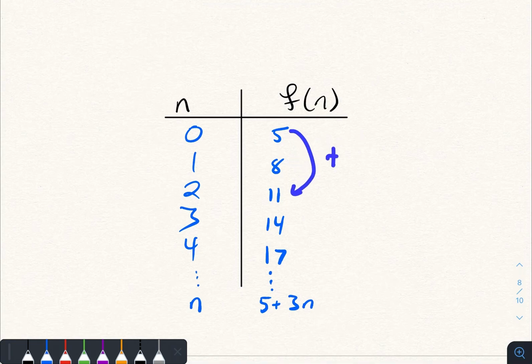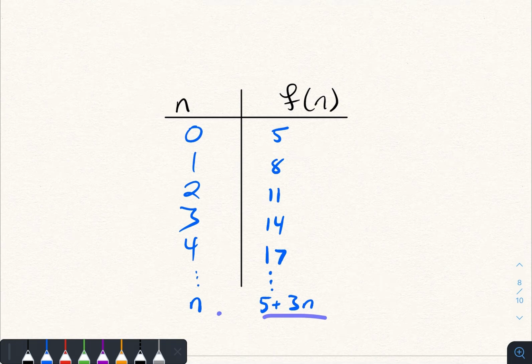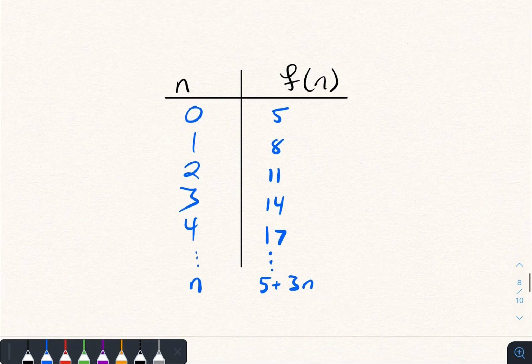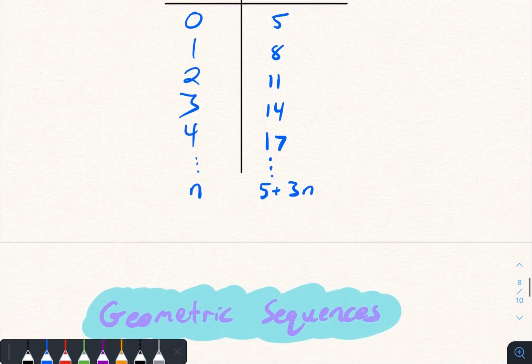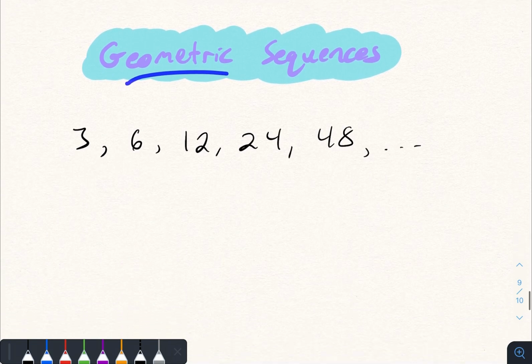And then this would be 5 plus 3 times 2. This would be 5 plus 3 times 3, and then 3 times 4 up here, and then 3 times n to get to your nth term. That's why I didn't want to have this as n plus 1. Anyway. Geometric sequences are the other special case.